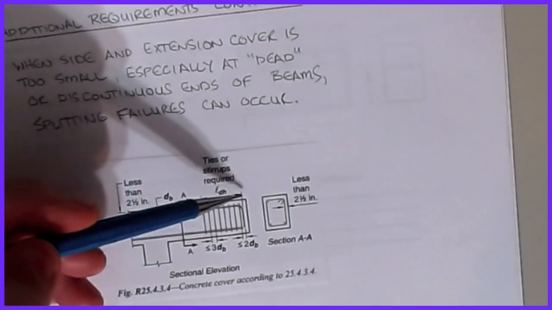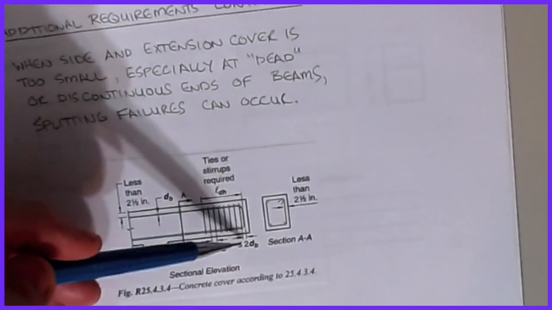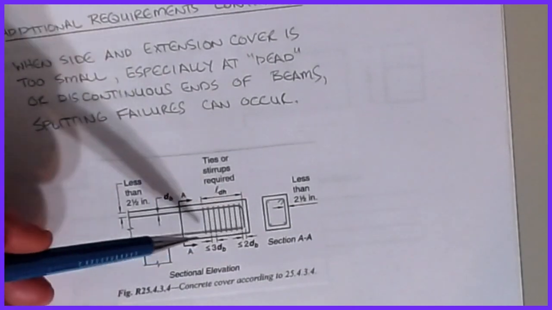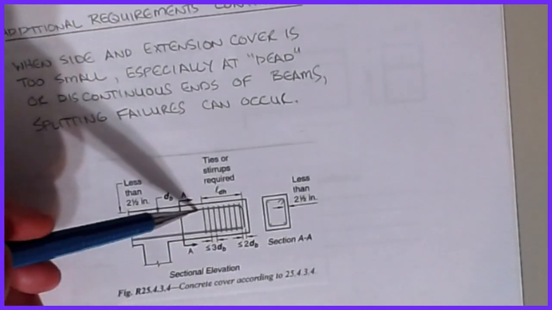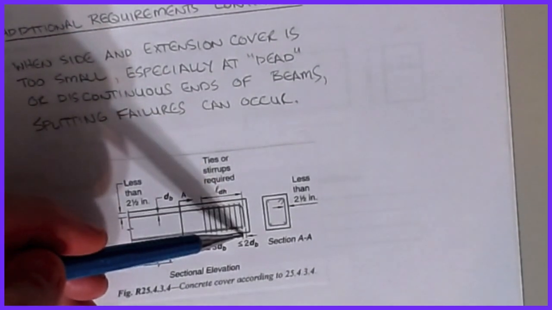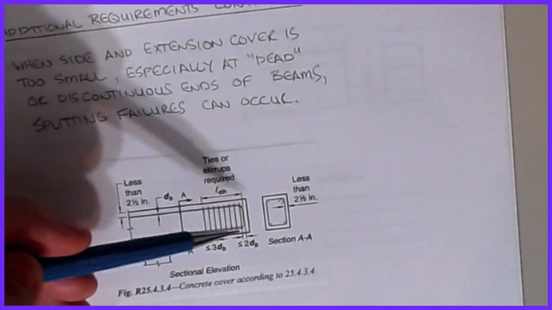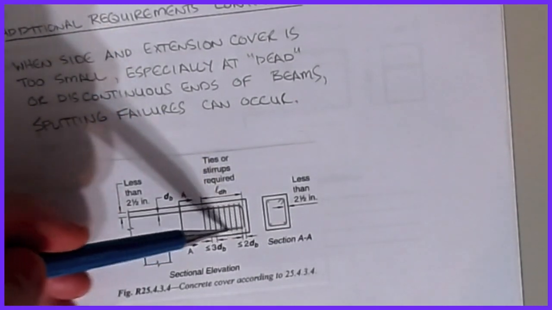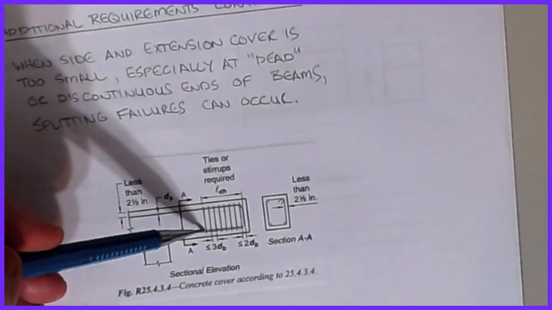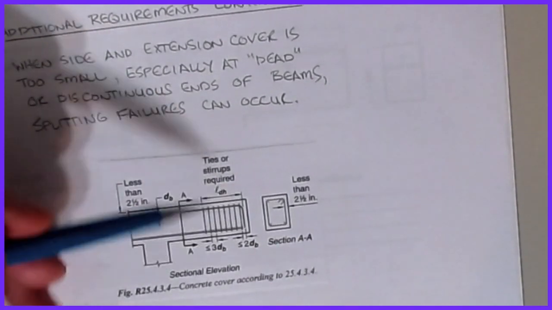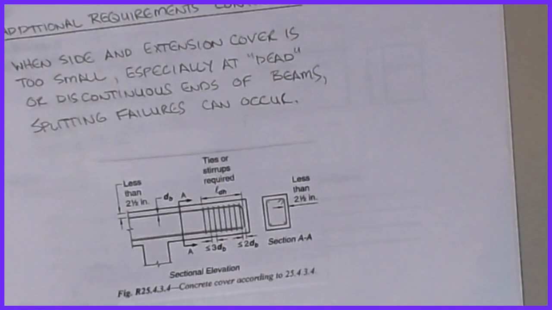Ties or stirrups are required over a length of ldh, and it tells you how to start the spacing: my hook is here, and I have to go less than 2 bar diameters for the first one, and then 3 bar diameters spacing or less for all of the others. That's what's defined as the confinement for us there.